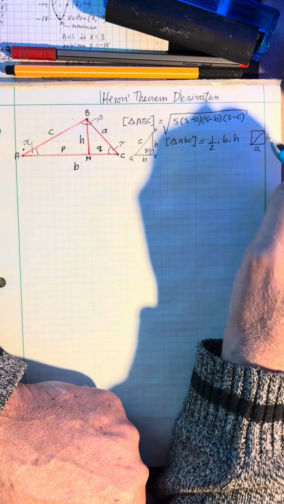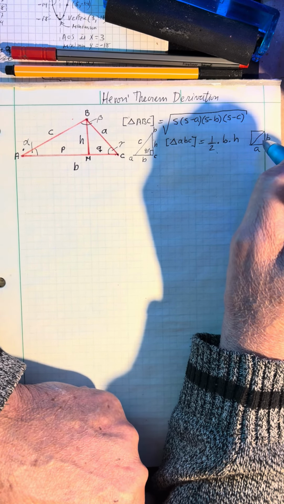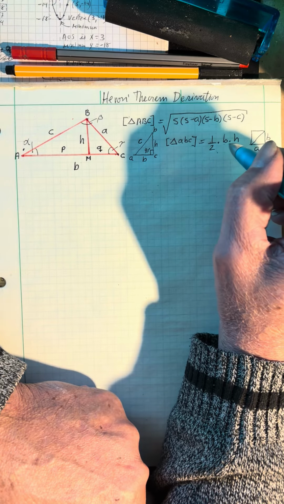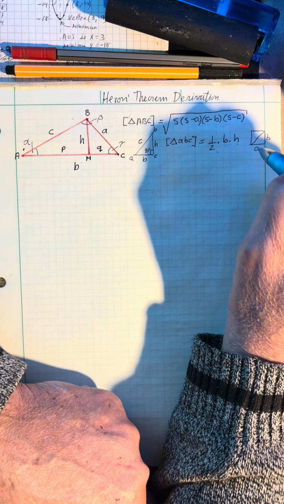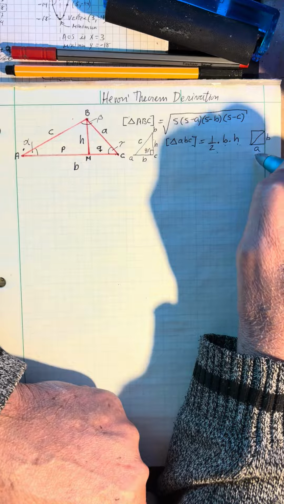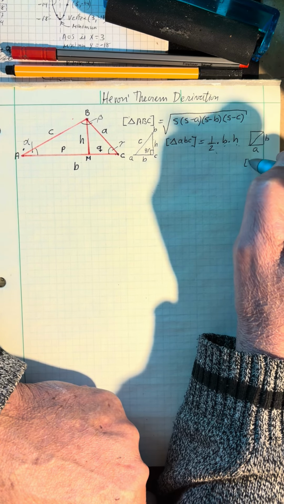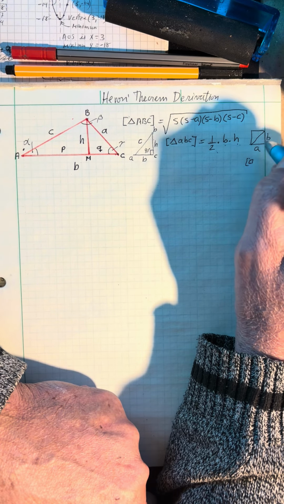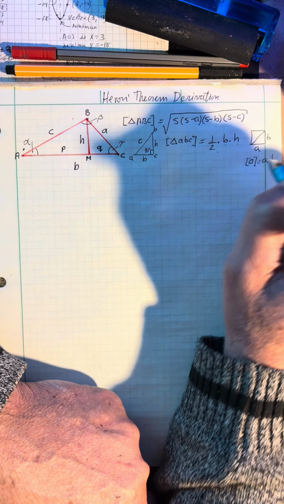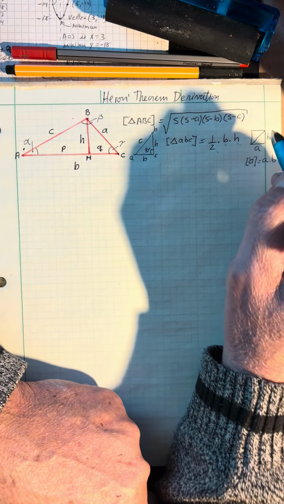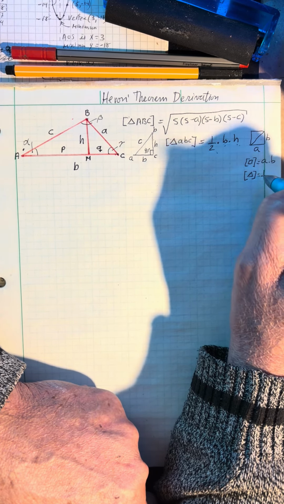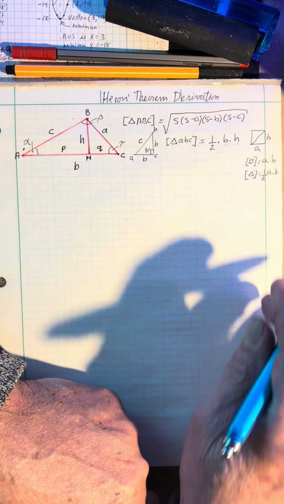The point that I want to make is that this formula comes from the fact that, even though I used B and H, we can think of it as the area of the square, and we are not going to use letters, is equal to A times B. But if we cut it in half, it's just the same as the area of the triangle, 1/2 A times B. Okay?